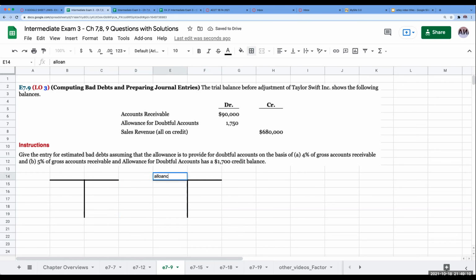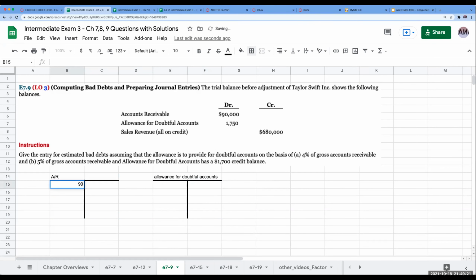So this is my allowance for doubtful accounts. This is my accounts receivable. So my accounts receivable is $90,000, right? And my allowance for doubtful accounts presently has a debit balance of $1,750.